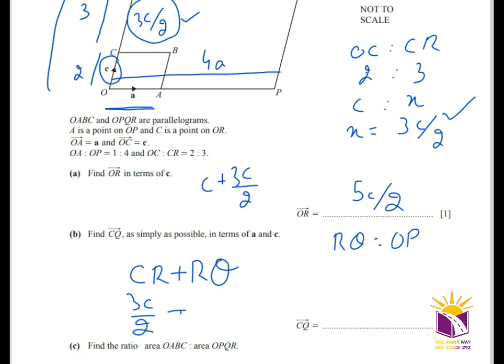In a parallelogram, opposite sides are equal. So OP is equal to RQ and RQ will be equal to 4a, because OP is 4a. So your answer will be 3c by 2 plus 4a.